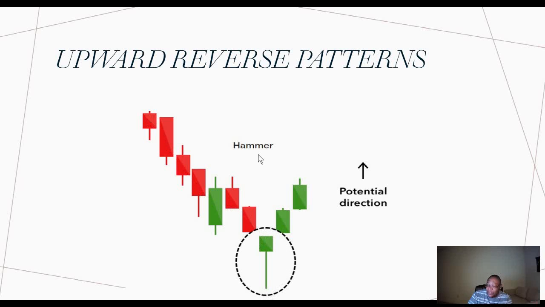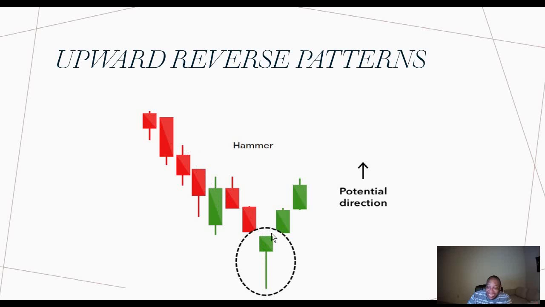This is called a hammer because it looks like the shape of a hammer. A couple of important things to look at. Number one, it's red, and then you get this green pattern with a long wick at the bottom. Sometimes it might have a little point up at the top.